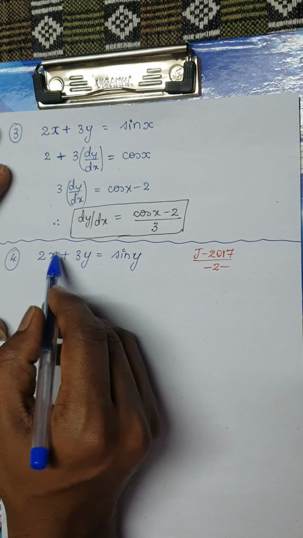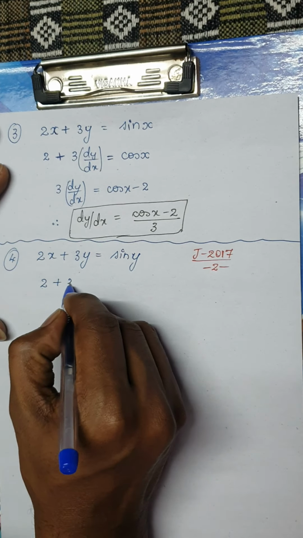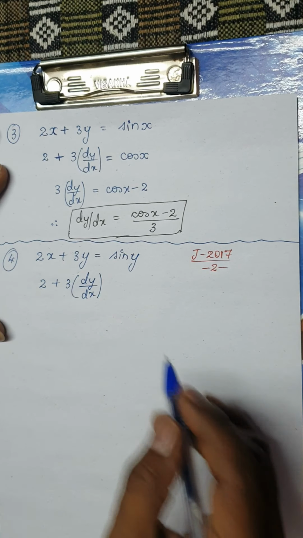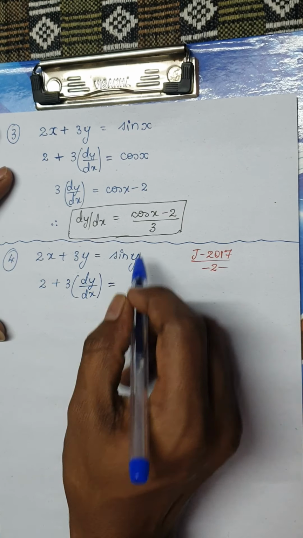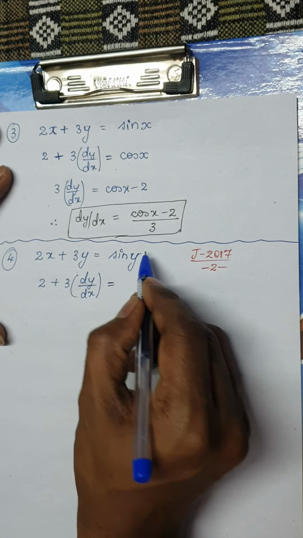Now in the similar pattern, derivative of 2x will be 2 plus, okay, 3 is a constant, derivative of y will be, remember, dy by dx. This is nothing but, there you had sin x, so you are left over with cos x, but here this is in terms of y.